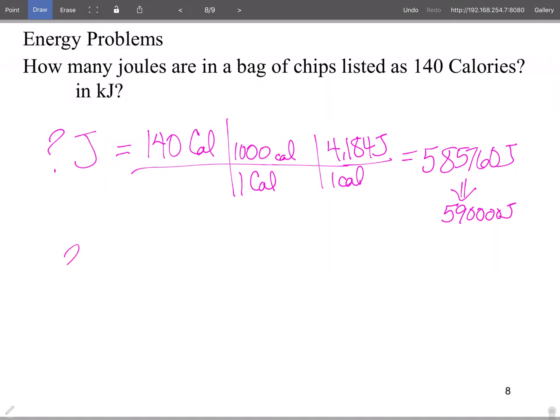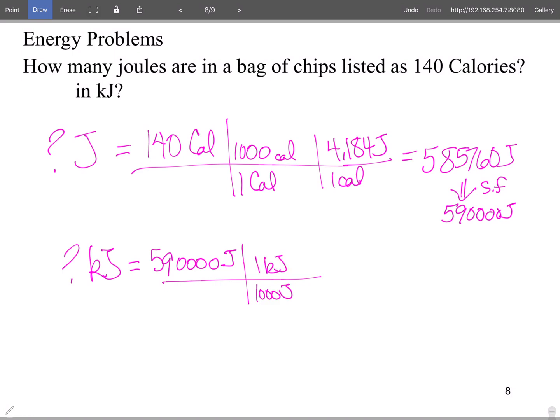Okay. Now, then it asks for it in kilojoules. So if we want it in kilojoules, then we would take the 5900, which is our final joules. And we know that there are 1,000 joules in 1 kilojoule. So we end up with 590 kilojoules of energy in that bag of chips.